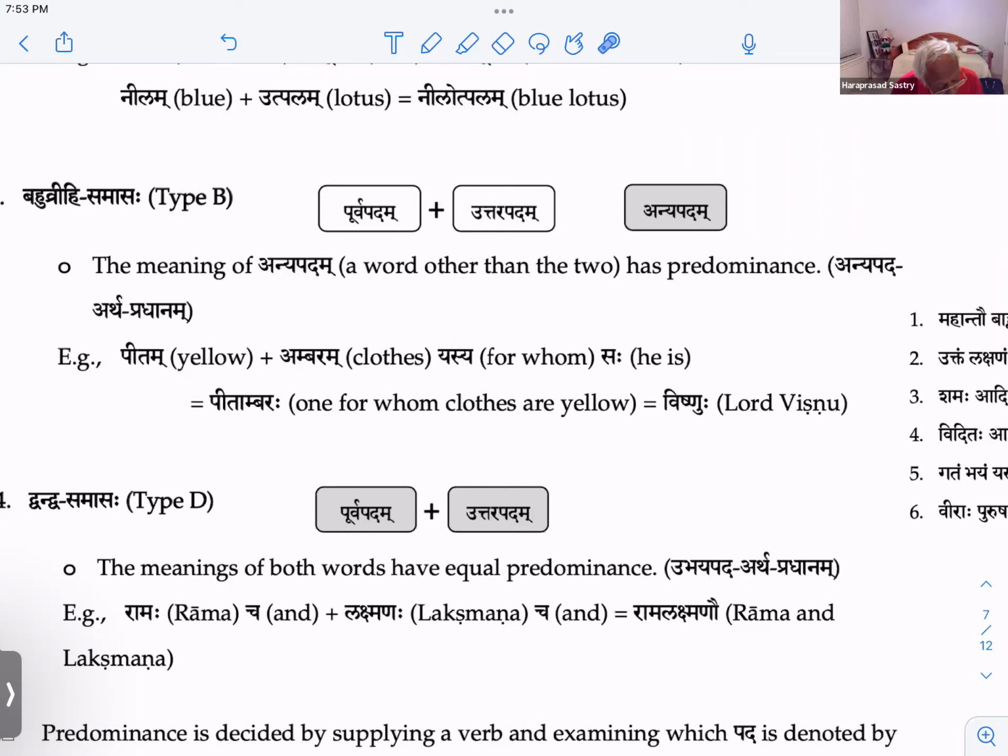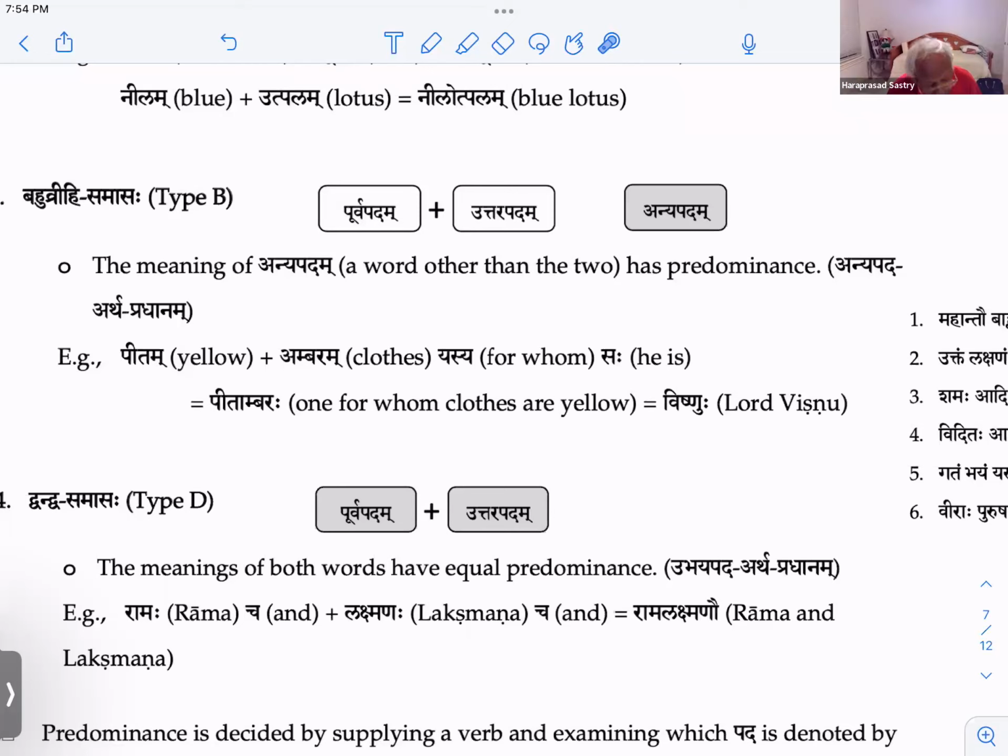So these two words, Pitam and Ambaram, result in a new word. Correct. Yeah, they make a new word. So the whole new word is Pitambaraha, but it's not like a Tatpurusha where it means the yellow of clothes or something like that. The clothes aren't the main thing here. It's talking about Vishnu, whose clothes are yellow.